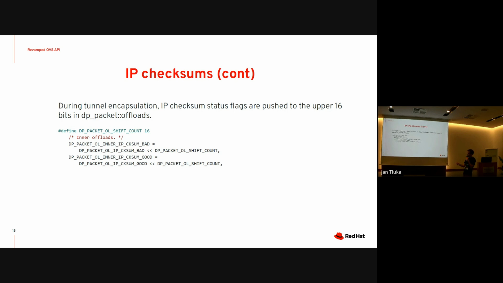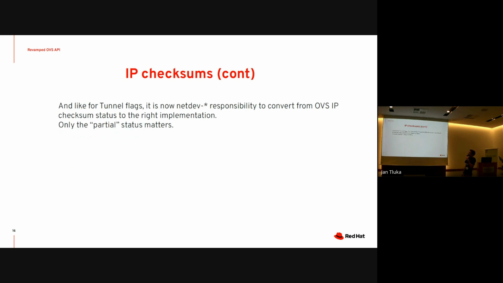And like for tunnel flags, since there is nothing done in OVS for the checksum flags, it's for your driver to implement the right API at the end. And actually, the driver only needs to look at the partial status, because if it is bad, the packet is already bad, there's nothing to do. If it's good, that's the same. And usually you will not get any unknown status at your driver level.